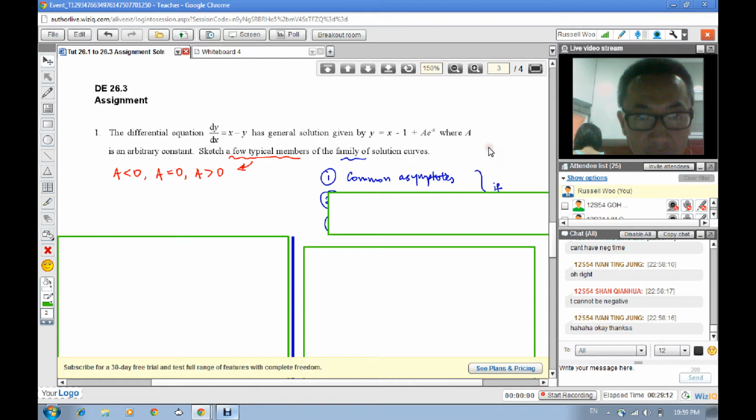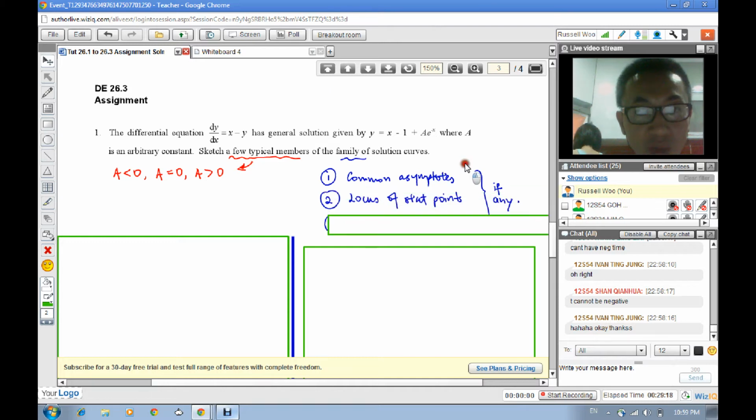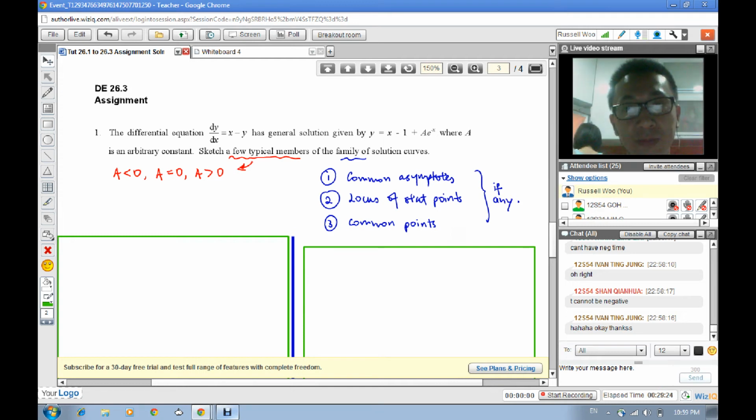One is the common asymptote, if any. Two is the locus of stationary point, if any. And lastly, are there any common points, if any?